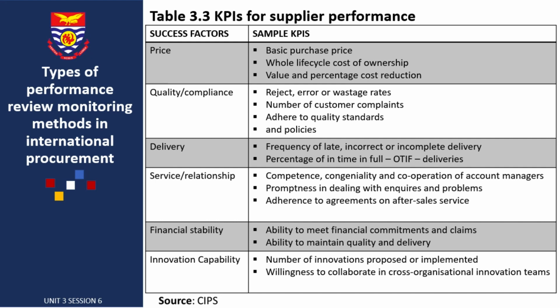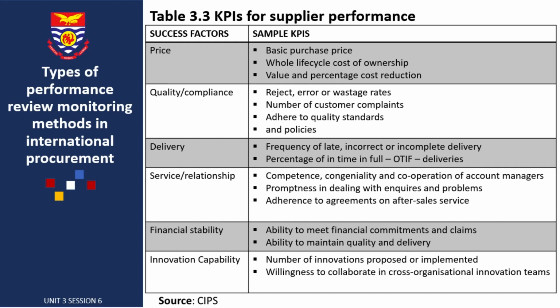Then we come to quality or compliance: rejection, error or waste rates, number of customer complaints, and adherence to quality standards and policy. For delivery, we see frequency of late, incorrect or incomplete delivery, and percentage of on time, in full, OTIF deliveries.